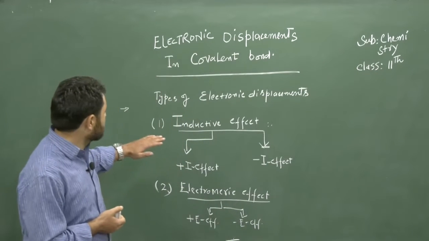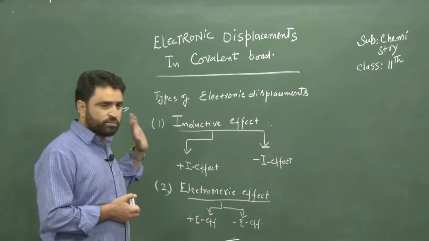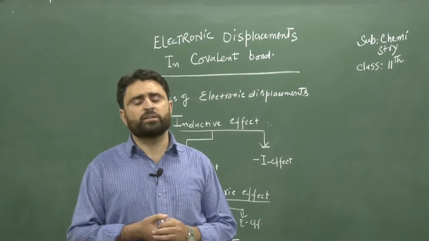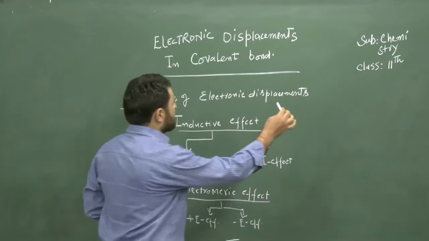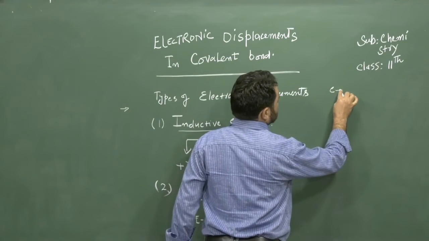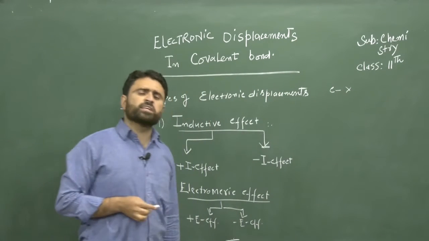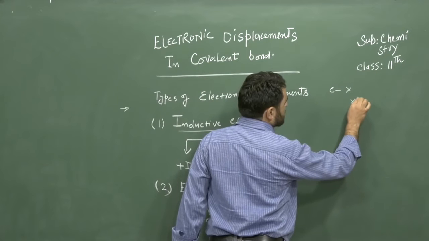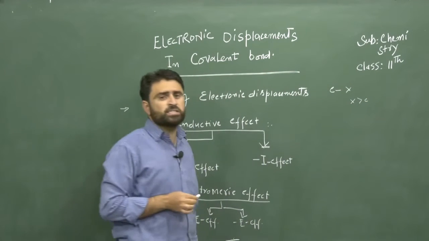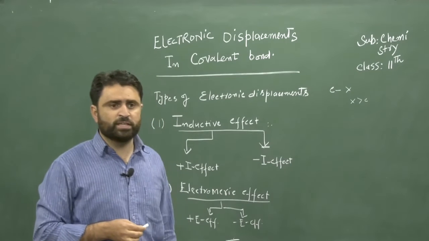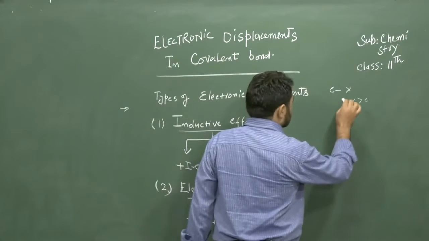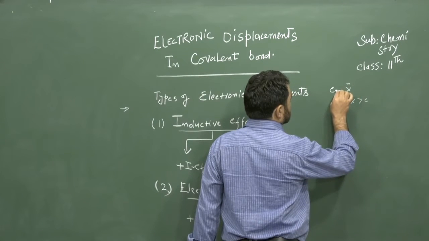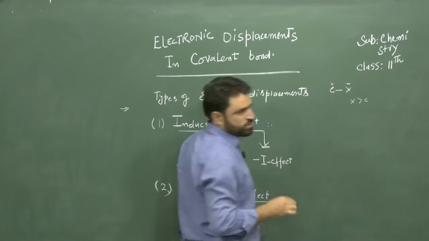There are certain displacements, like the inductive effect, the electromeric effect. In electronic displacements, whenever a highly electronegative atom is attached, for example C-X is any covalent bond, if X is more electronegative than carbon, then X will withdraw electron and bear negative charge, and carbon will lose electron and bear positive charge.